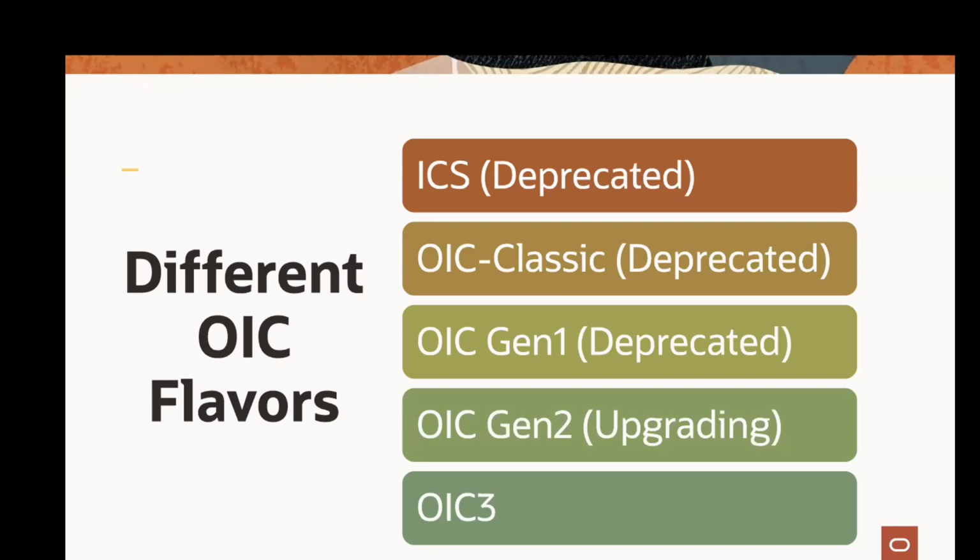OIC Gen 1 was the first full-blown cloud version that we offered that included VBCS and also process. OIC Gen 2 is an OCI native product that most of you are familiar with, and now we're on OIC 3 that's filled with new features as Niall just showed you.